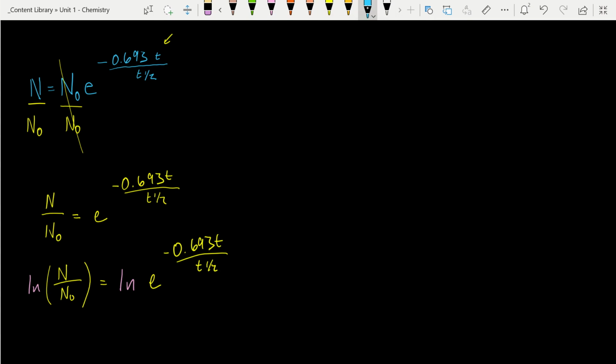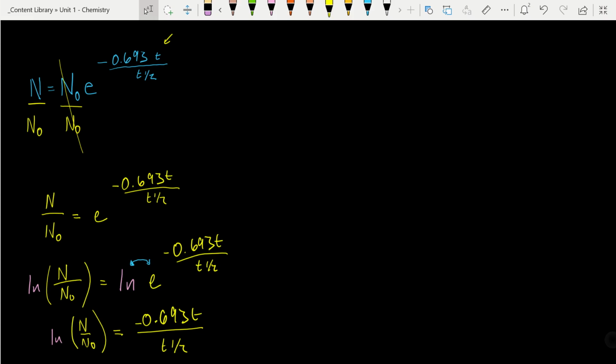And again, because these two things are inverse of each other, they essentially cancel out, which means now that the natural log of n over n naught simply equals what was in the exponent, negative 0.693t divided by my half-life.